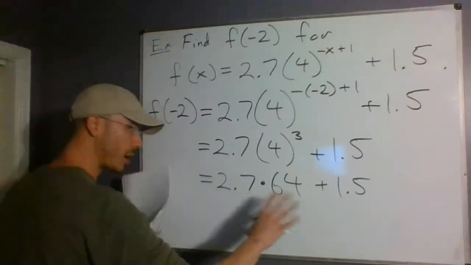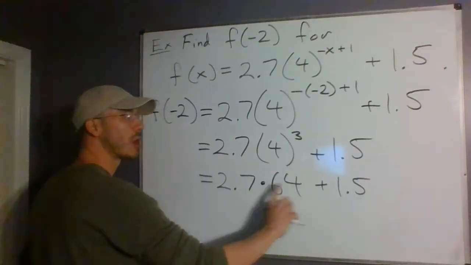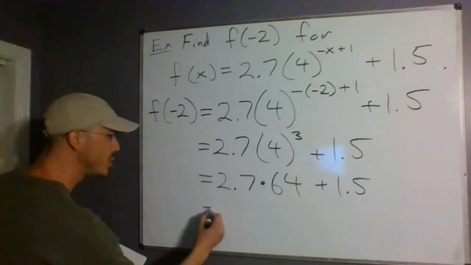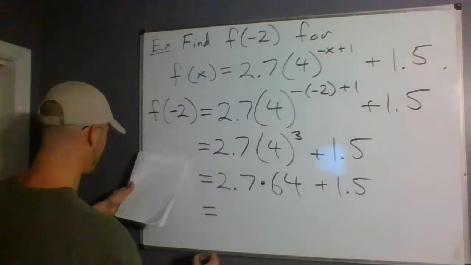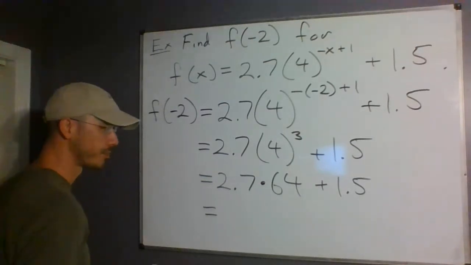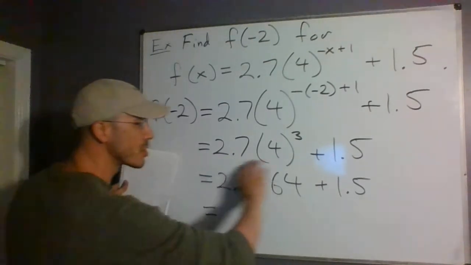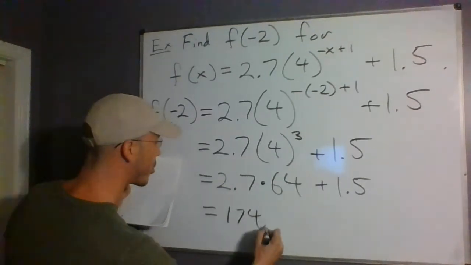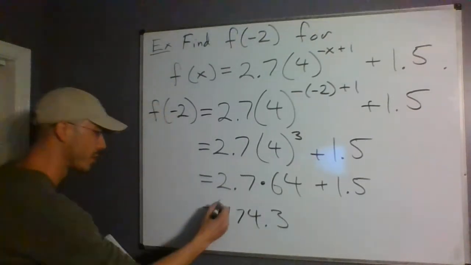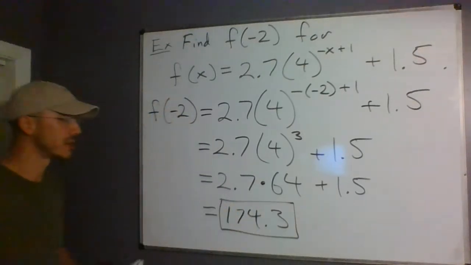And now, order of operations, I need to multiply before I add. So 2.7 times 64, I don't know what it is. I did this whole expression in my calculator. It's 174.3. And that is the exact value. It's not rounded or anything.